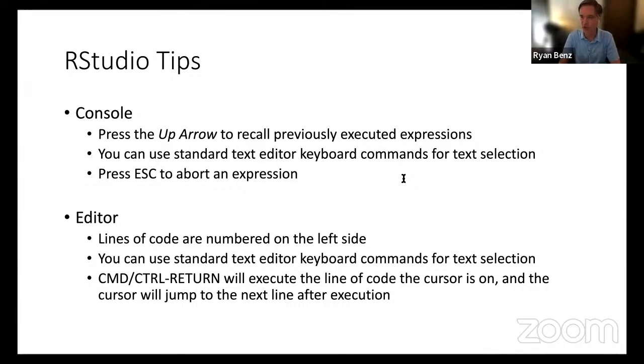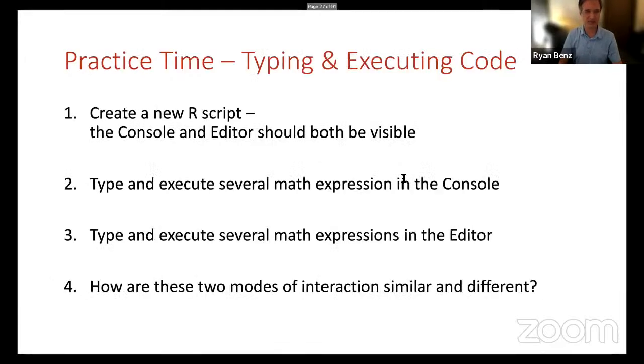Again, you can use standard text editor keyboard shortcuts. And also really useful, and I'll demo this live in just a minute, you can push Command or Control return on any line of code in the editor, and it's going to execute that in the console. We'll cover that live. You'll see why that's really important in just a minute.